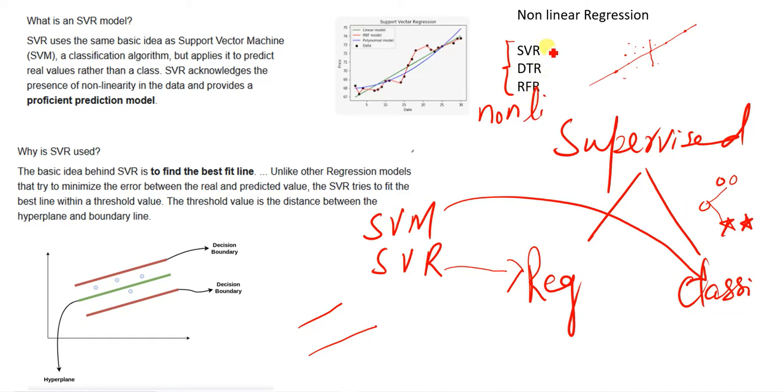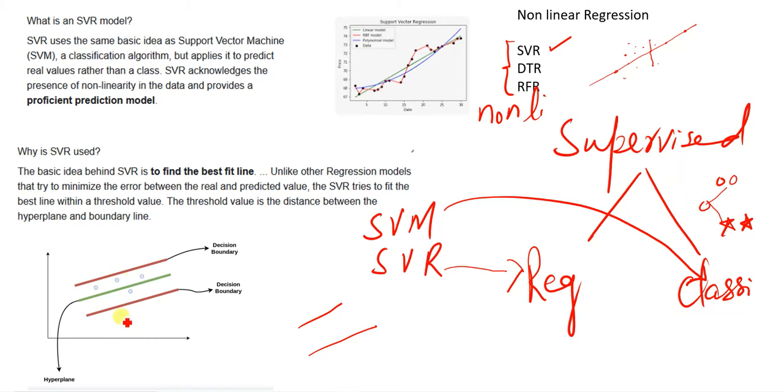These are the algorithms for non-linear regression. Here in SVR we use the terms kernel, hyperplane, boundary line and support vector, which we discussed in my last lesson. I highly recommend you watch that video.